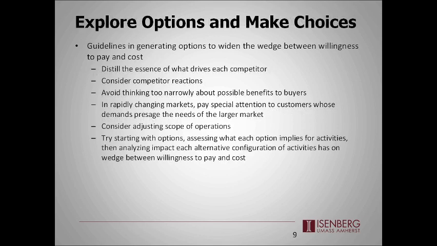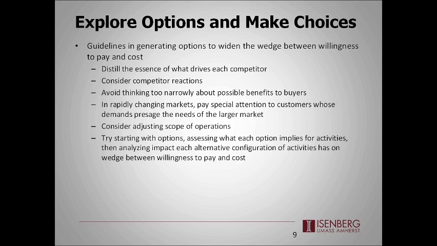And the last step in activity analysis is to explore options and make choices. Some basic guidelines: understand what's truly driving each competitor's choices. Think about how competitors might react to a given move. Don't think too narrowly about how buyers might benefit from a particular choice. Give special attention to so-called bleeding edge customers for companies in rapidly changing markets.